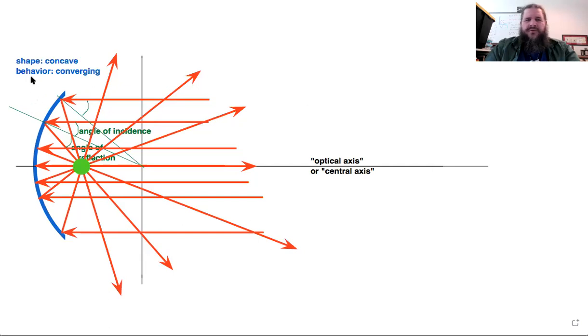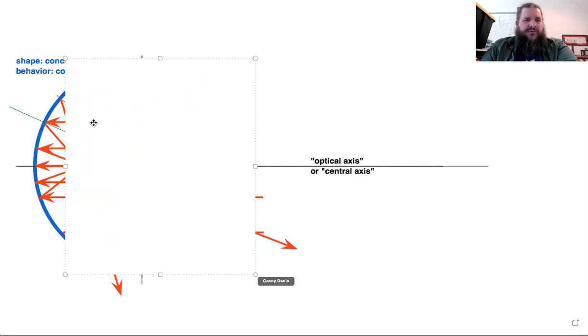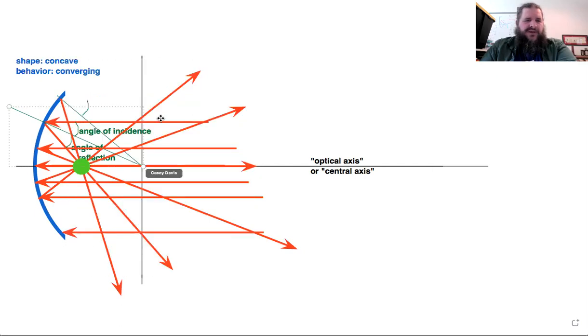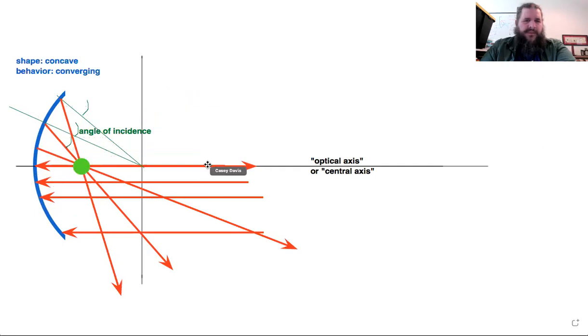So as a general rule, for any converging mirror, because of its concave shape, any ray of light that starts off parallel to the axis is going to bounce off to become going through the focal point. But all of these paths also work in reverse. We can say that any path that starts off parallel to the axis ends up going through the focal point. But we can also reverse that.